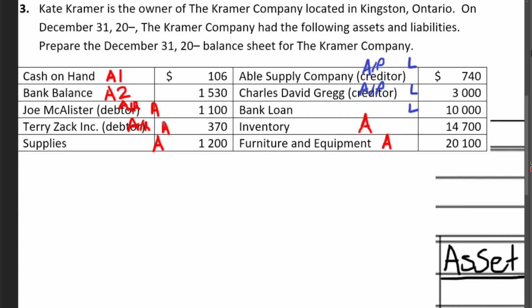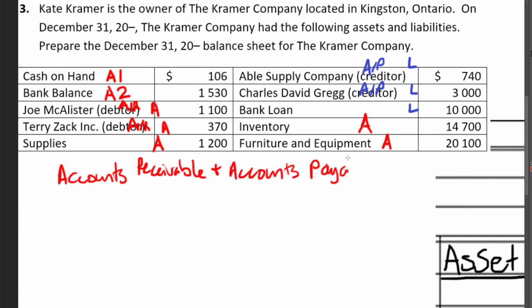Now the question is, what order do I have to put the AR accounts? This is where AR and AP get a bit tricky. So I'm just going to make a note here. Accounts receivable and accounts payable are in alpha order, but there are some caveats to it.